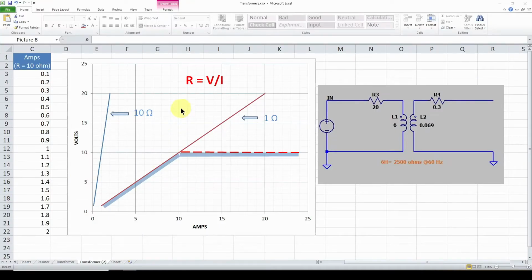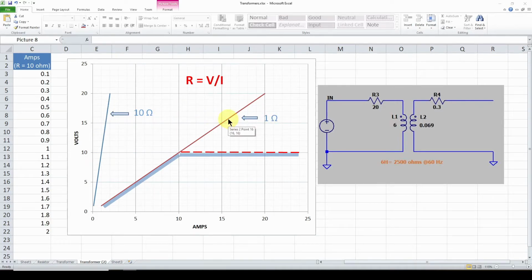All right, so in the previous video, we showed this chart demonstrating how you can have a linear resistance, but we also mentioned that an iron core transformer does not have the same linear characteristic. In other words, with a resistor, it's always the same resistor no matter how many volts you apply to it. It's always the same amount of resistance, either 1 ohm or 10 ohms or whatever.